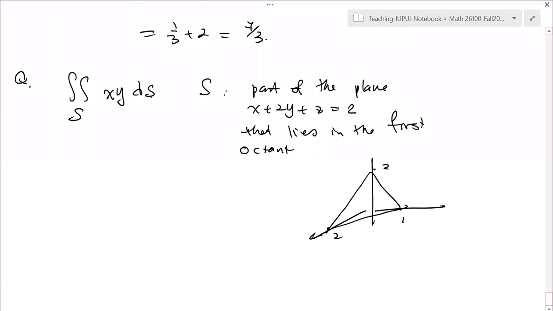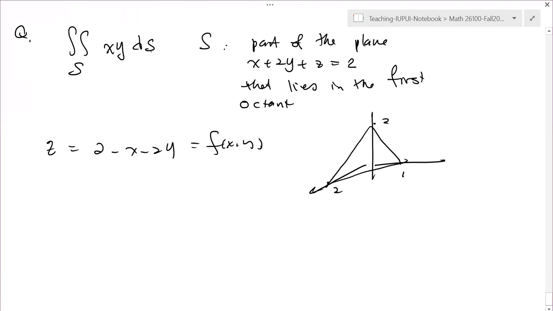Now, how do you evaluate a surface integral? Okay, how do you evaluate a surface integral? Now, you view this surface as a graph of a function, okay? So we already did this: z equals 2 minus x minus 2y, this is my f(x, y), right?